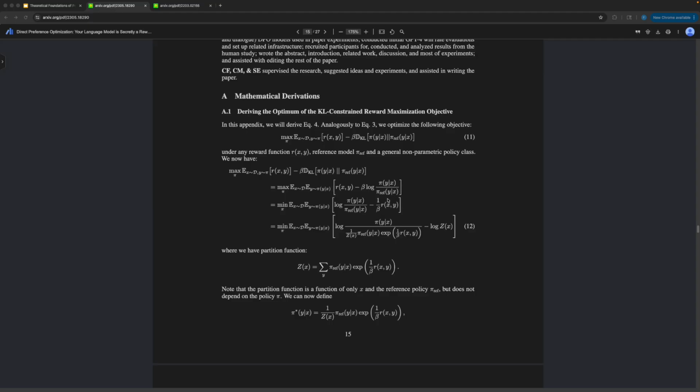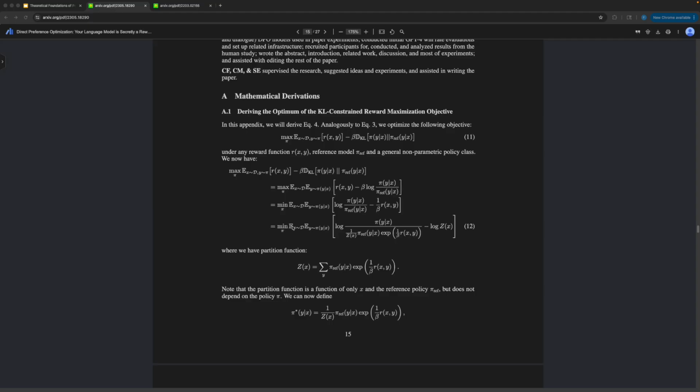Now this second term can also be written as log of e to the power 1 by beta times r of x comma y, and log a minus log b is log of a by b. So this can be written as log of pi of y given x upon pi ref times e to the power 1 by beta r of x comma y.